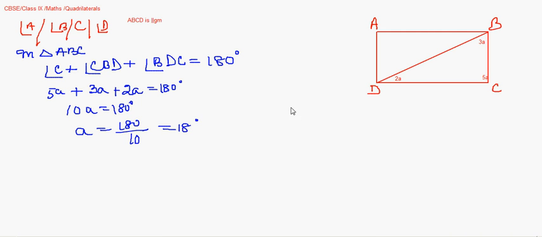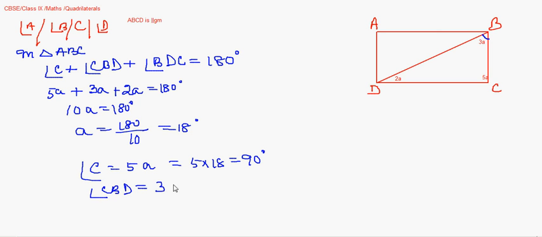That means angle C becomes 5A, that is 5 into 18, which gives us 90, thereby making angle CBD 3A, that is 3 into 18.